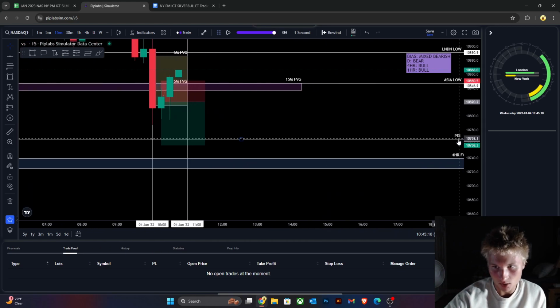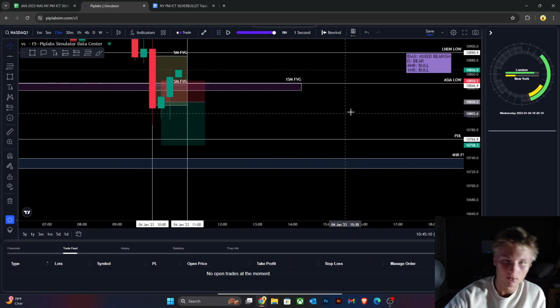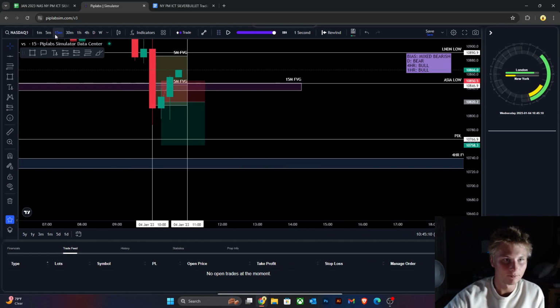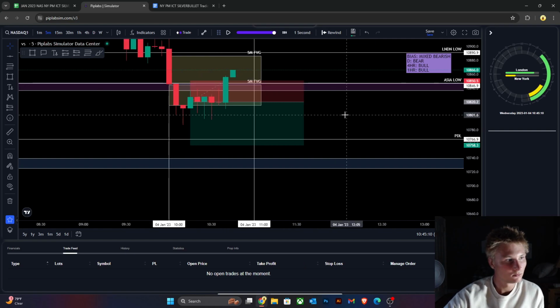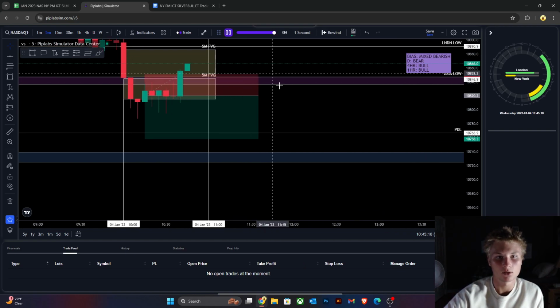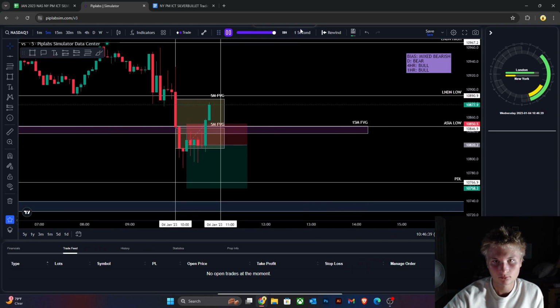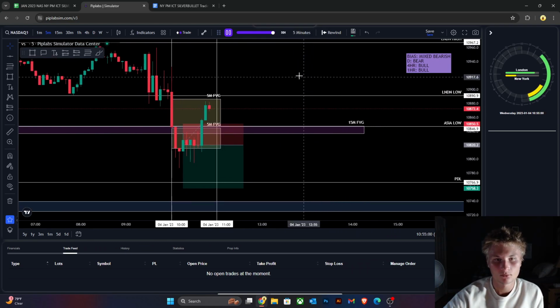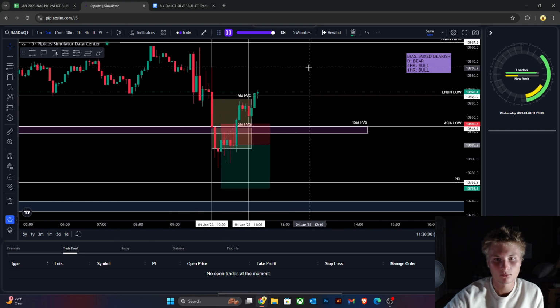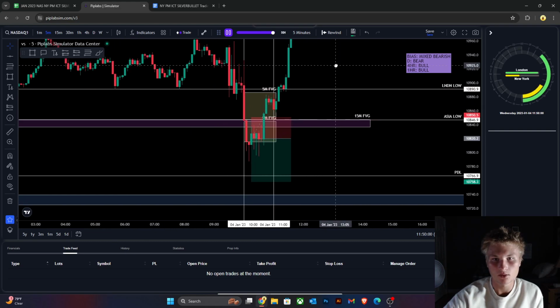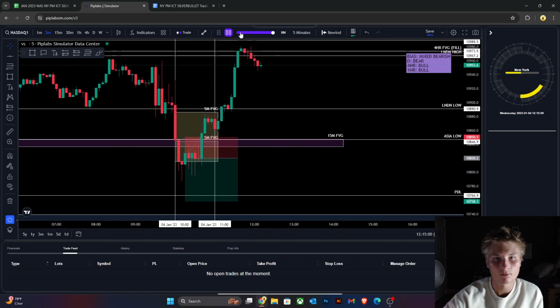But I did want to target these previous day's low here for liquidity. But yeah, right now let's just see what happens. Yeah, so price fully reversed.